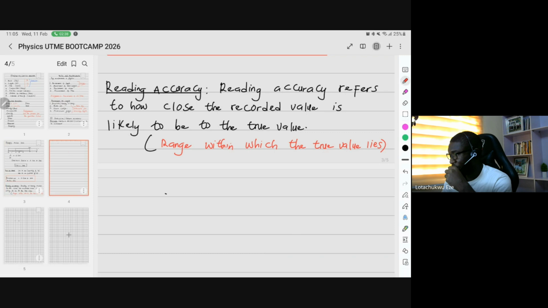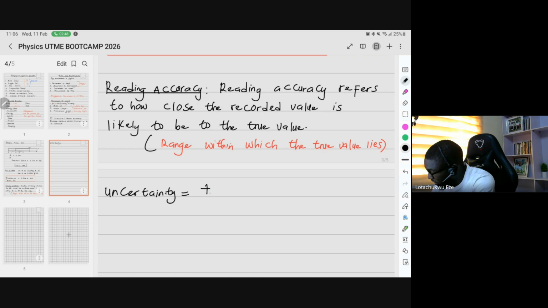So I've talked about the range of values, and sorry about the break. The uncertainty I spoke about, the uncertainty that might come from your eyes, is simply plus or minus half of the smallest calibration, or let's call it the smallest division.